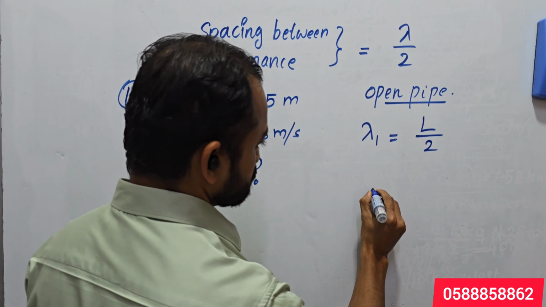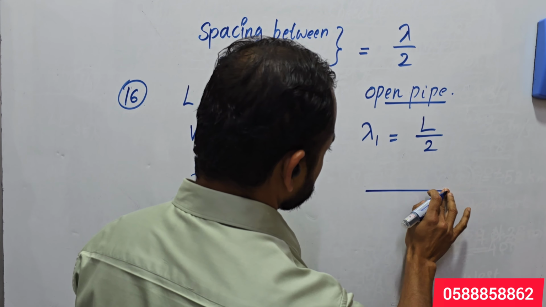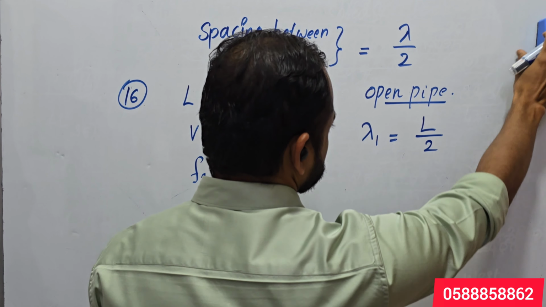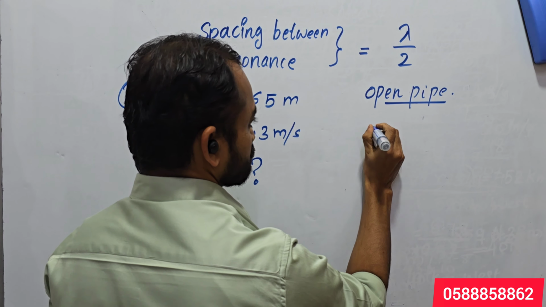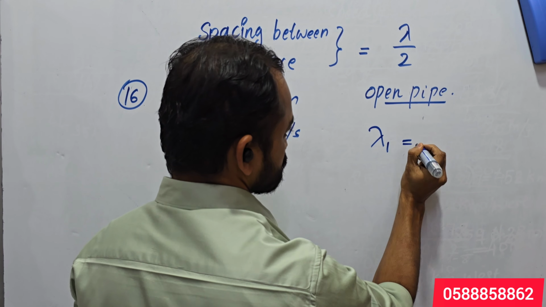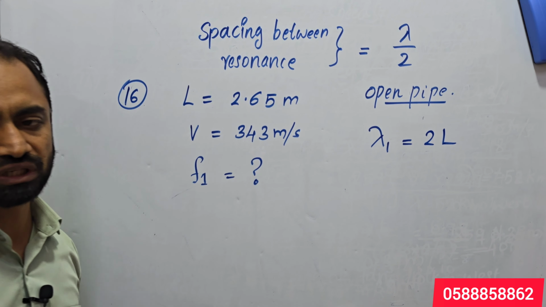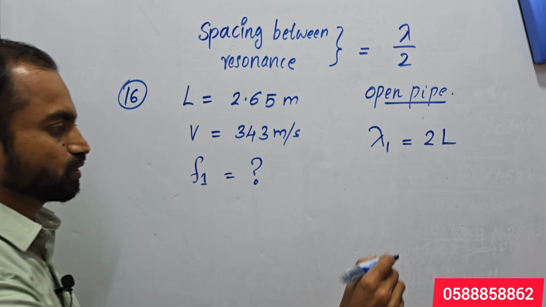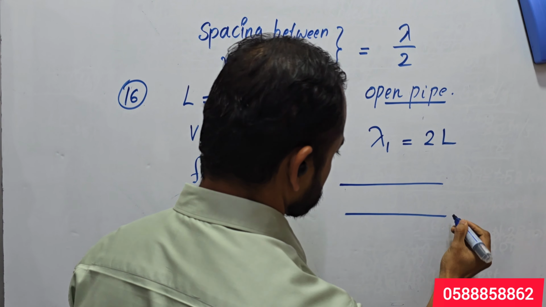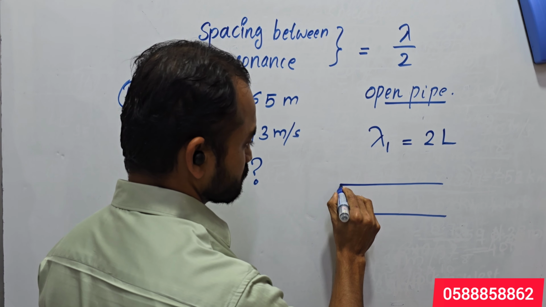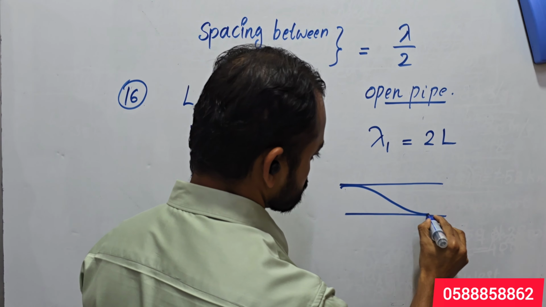So open pipe, right? No, lambda is equal to 2L, right? Sorry. Lambda 1, that is equal to 2 times the length, because open pipe will be like this. When I draw the open pipe, the first standing wave or first resonance will have an antinode at each end.